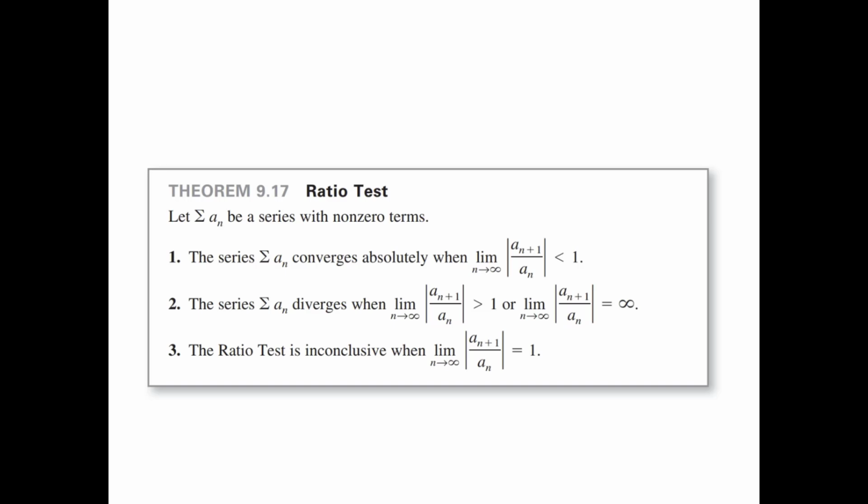The series diverges when the ratio of a sub n plus 1 to a sub n is bigger than 1, or if it's infinity, and the ratio test is inconclusive when it's exactly equal to 1. And so this is why we need the other test, is because when our ratio is 1, this test doesn't tell us anything.